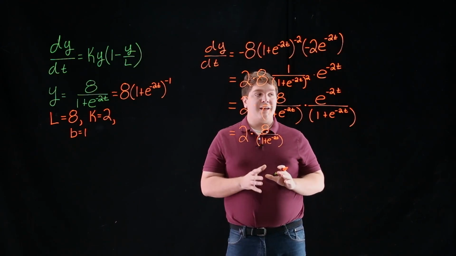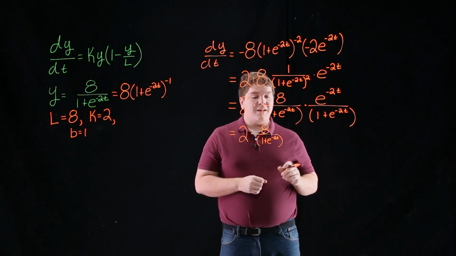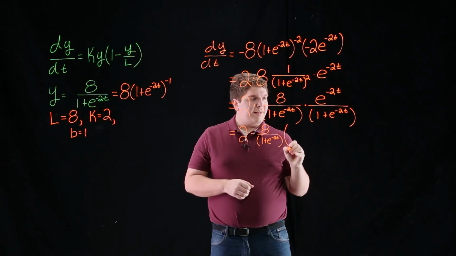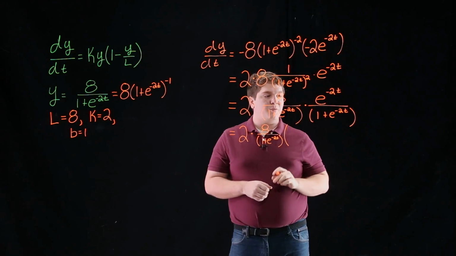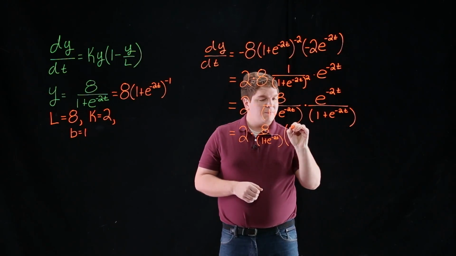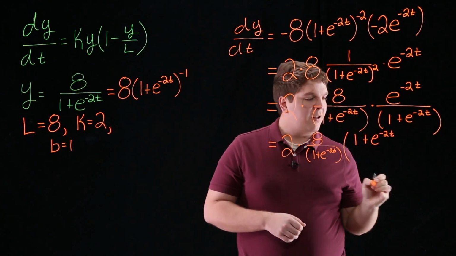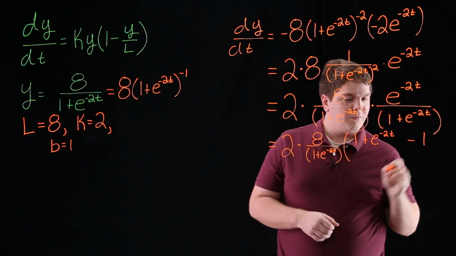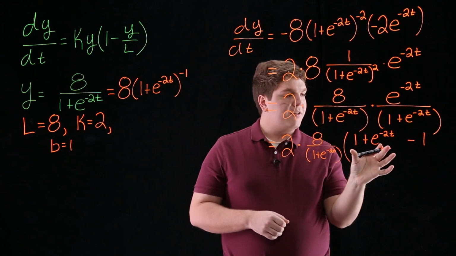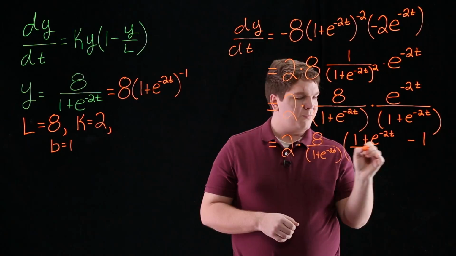So just like this, I can't cancel, but a trick that I can do is I can add 0 to this numerator. So I can add 1, and then subtract 1. And what I'm going to do is break this up into two separate fractions.